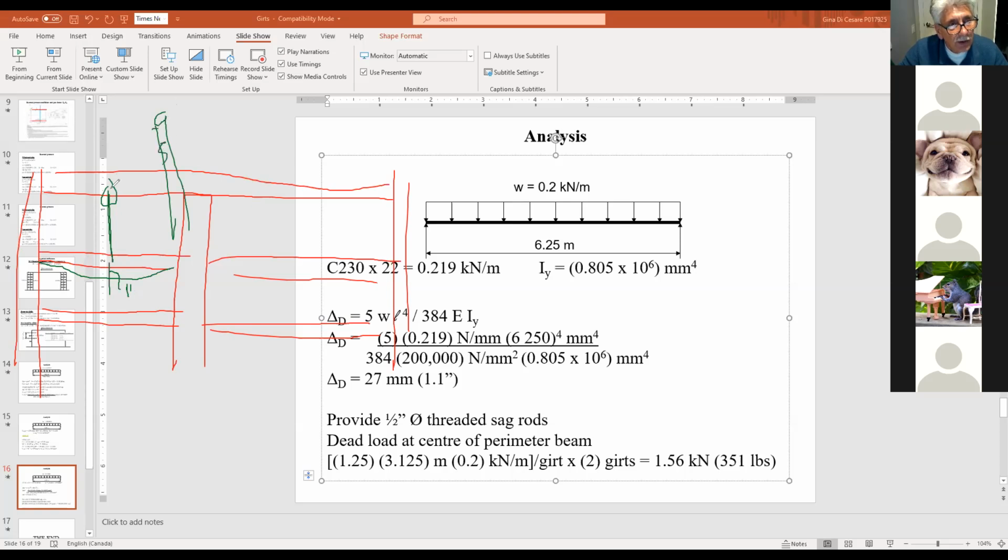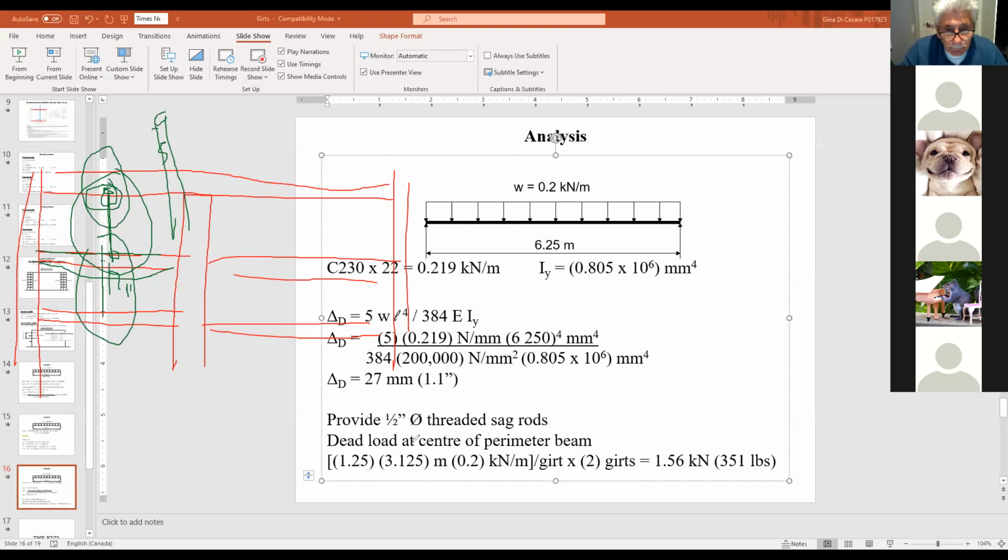A rod goes through the channel and props it up so it's nice and straight. You have one there and one there, one beside the other. All this force gets transferred up to the perimeter beam, and when we do the perimeter beam, I'm going to be adding this force onto the beam.